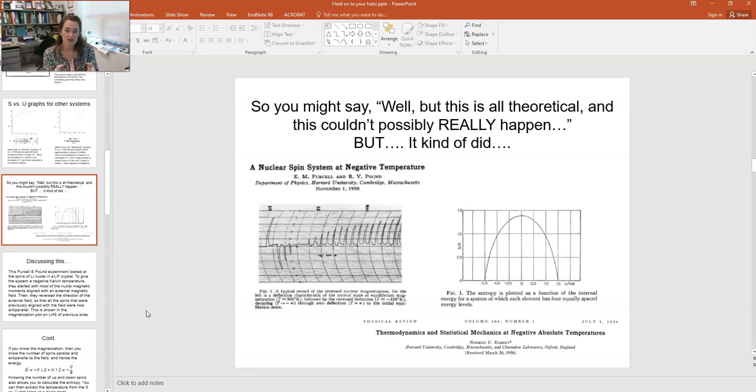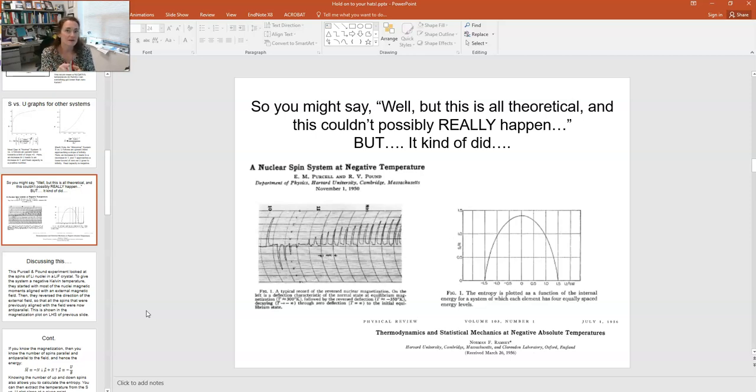They took this spin system and placed it in a strong external magnetic field. That caused most of the dipoles to align parallel, or as parallel as they get because they're quantum particles, to the field. So we had an aligned system.